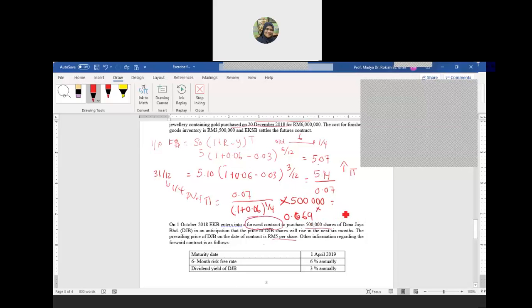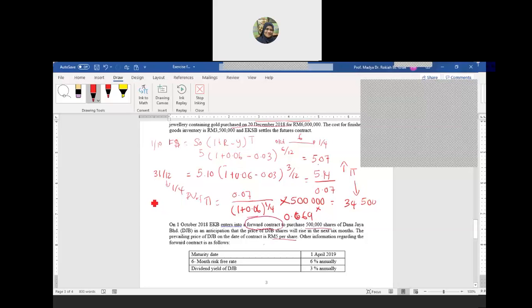So this 34,500 here is your gain. It's a gain because there is an increase in the value. So you're going to debit once you have a gain. This is like the one that you have for example 1.